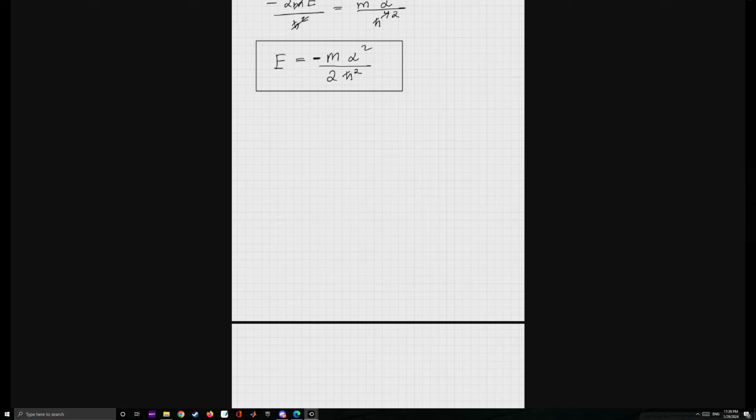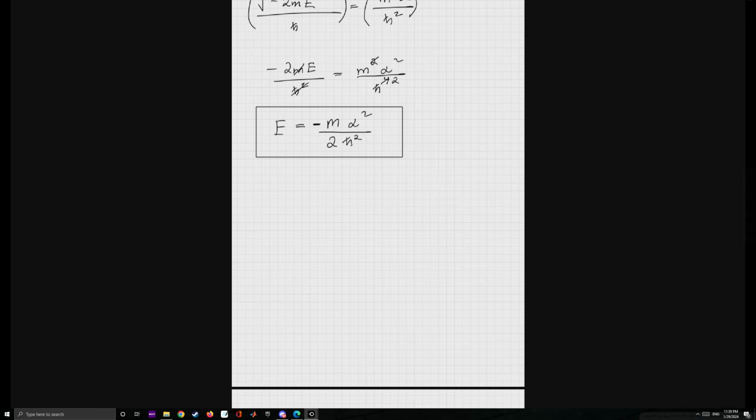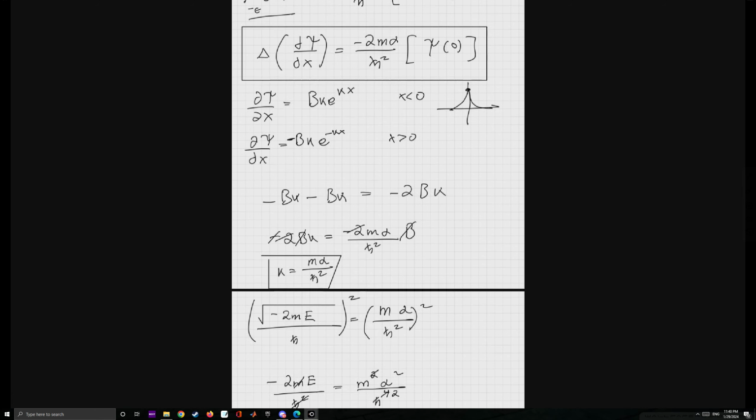So we can look at the wave function solution again, and we can normalize it. Let's just write the wave function in this way. This is the way I would write a wave function, so as to include both positive and negative x.